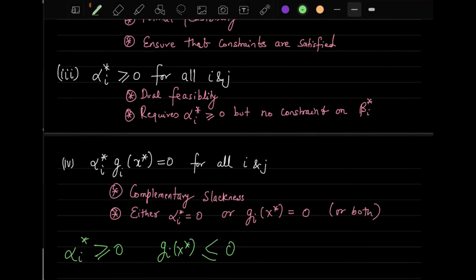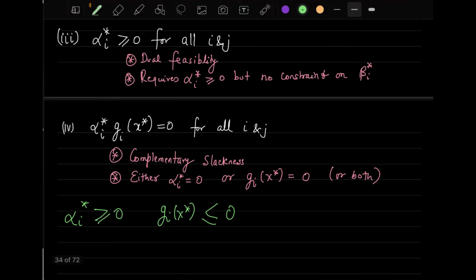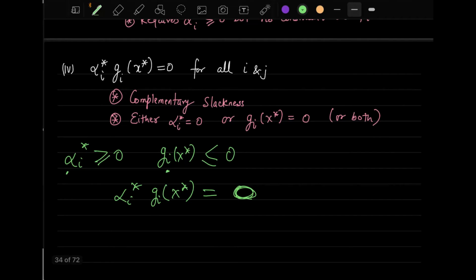So the complementary slackness condition says that if you multiply these two together, the value should be 0. How is it possible? If g_i(x star) is less than 0, and you want the complete multiplication to be equal to 0, then how will you make it?